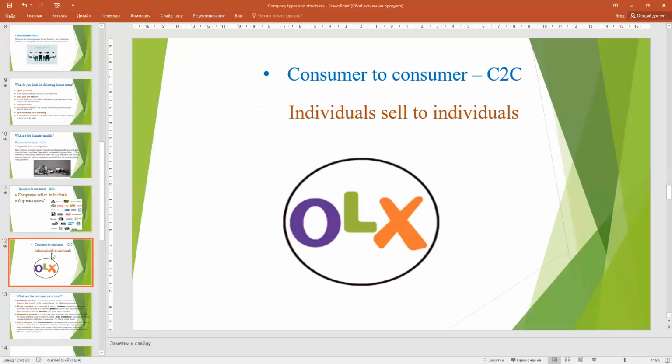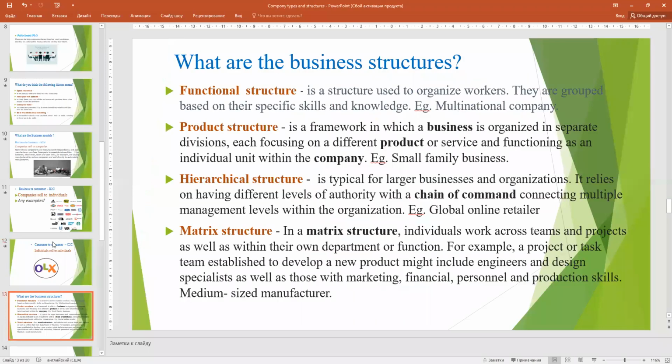So the next one, as you can see here, the customer to customer business, individual sales to individuals. For example, the OLX. As you can see, this kind of business is intended for individuals. In this platform, a customer can announce his or her product so that others can see and purchase that product. And one more example.